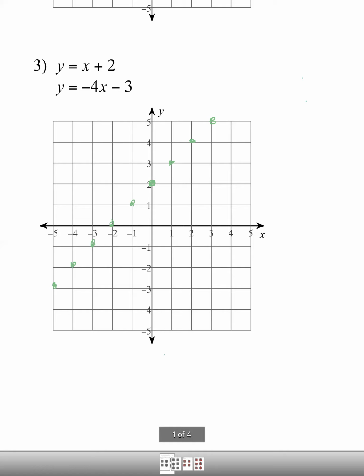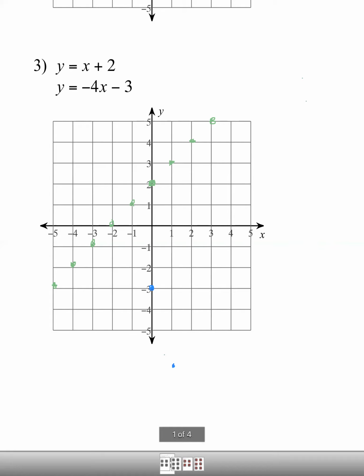It could cross anywhere. Okay, and then the bottom one, let's switch colors to blue. y equals negative 4x minus 3. So I'm going to start at negative 3. And then remember, my slope now is negative 4. So I would go down 4 to the right 1. So down 1, 2, 3, 4 over 1.